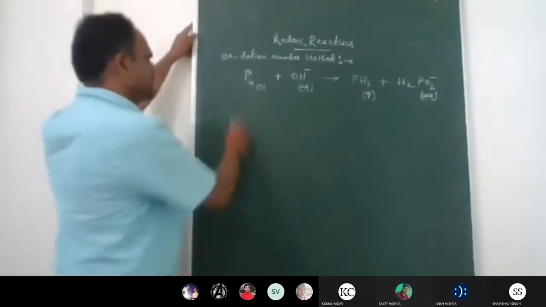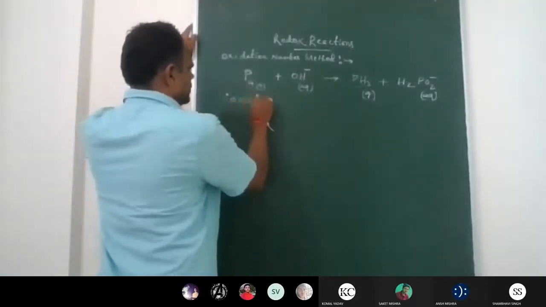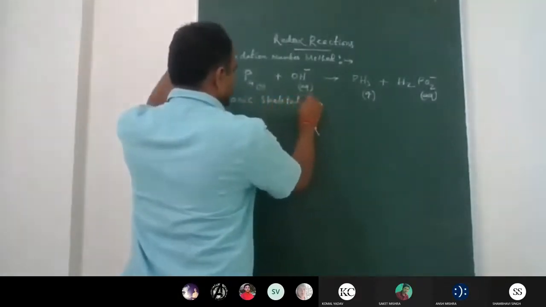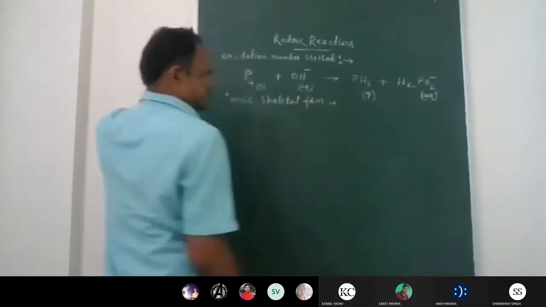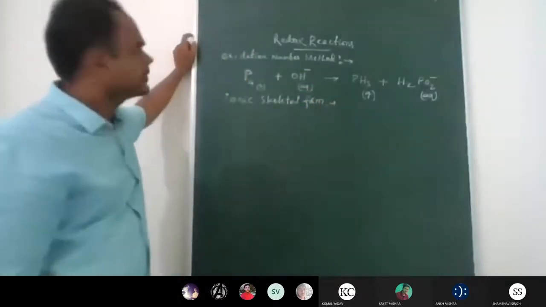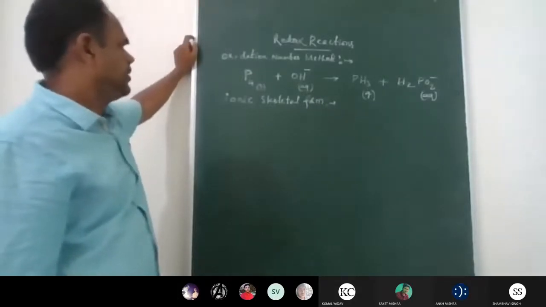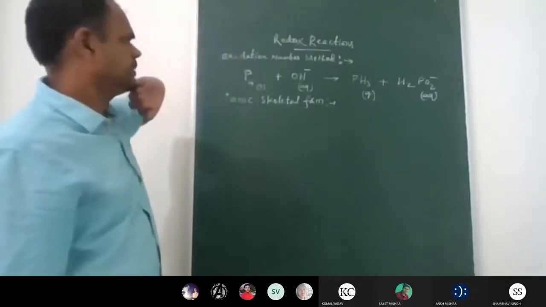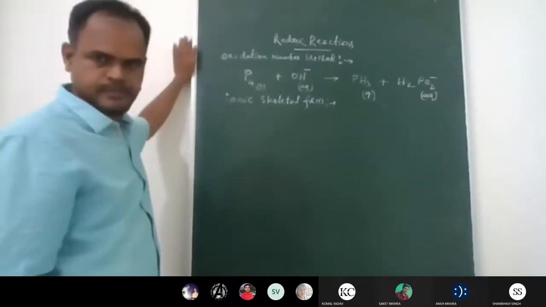This is the chemical equation in ionic skeleton form. By using the oxidation number method, we have to balance this chemical equation, the ionic skeleton form equation.